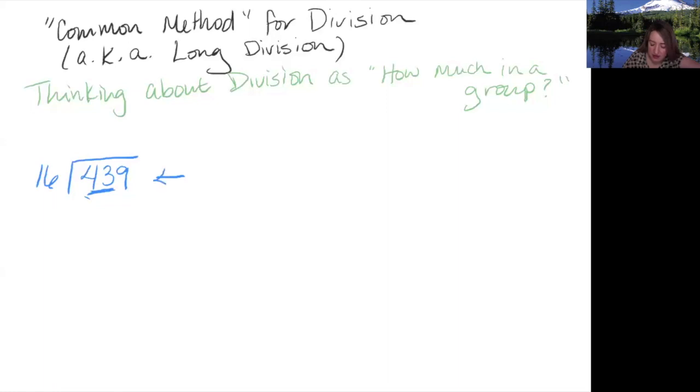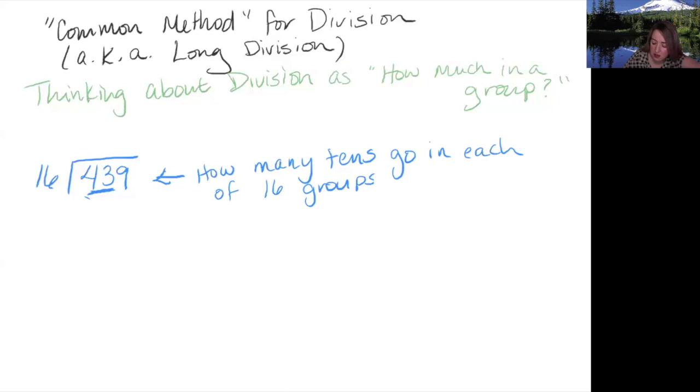And I'm asking, how many tens go in each of 16 groups if I put them into groups evenly?